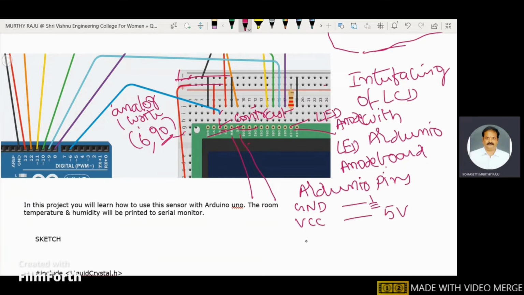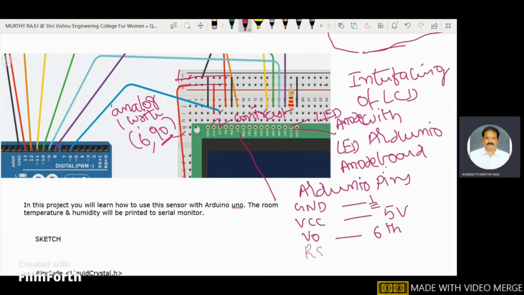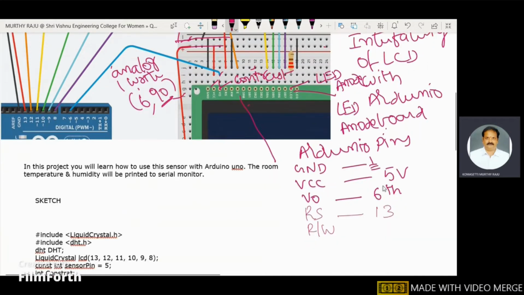Next one is contrast. V0, the contrast of the LCD, is connected to the 6th pin of the Arduino board. The 6th pin is the pulse width modulated pin. And next one, register select. The register select pin is connected to the 13th pin of the Arduino board, and the read write pin of the LCD is connected to ground.